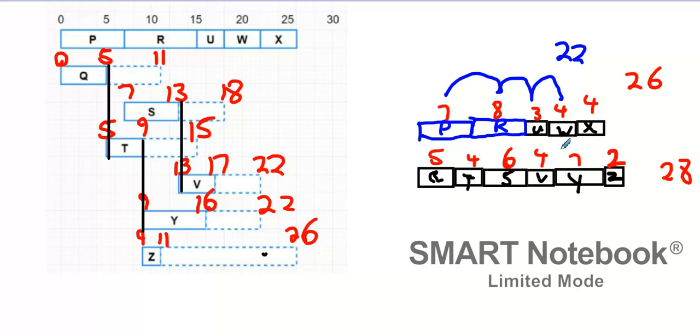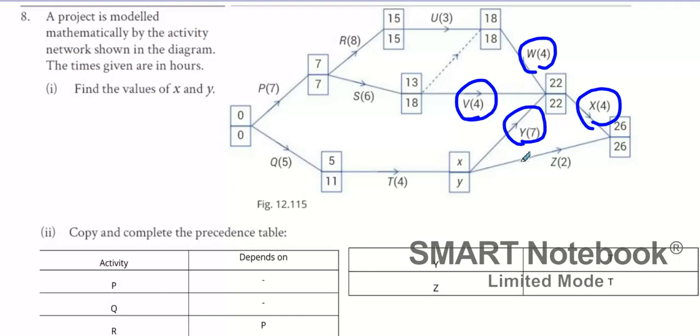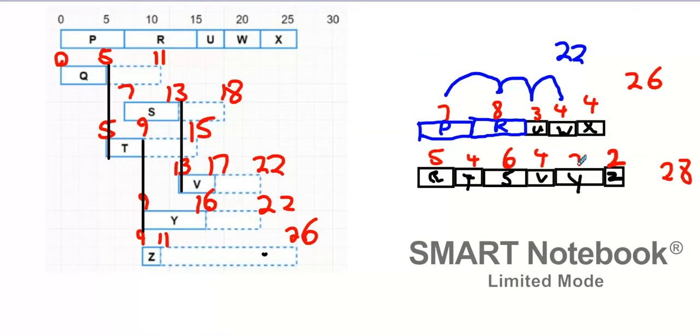I think this one, it's 9. 9 plus 15 is 19, is it? So we're waiting on Y, are we? We're waiting on X, but X is dependent on Y. So the X-Y combination is the issue. Y isn't finished. X would have to start when Y is done. Do you get what I'm saying?